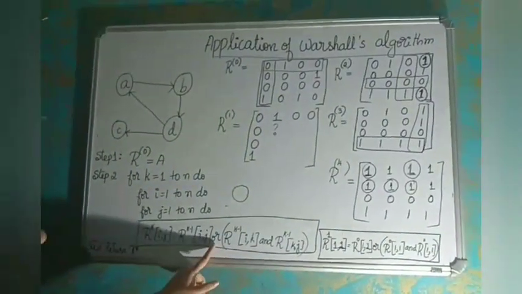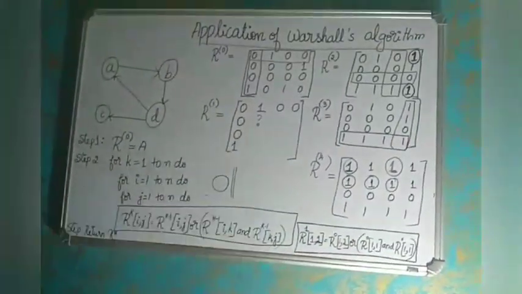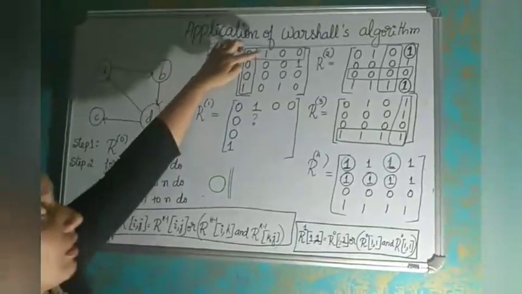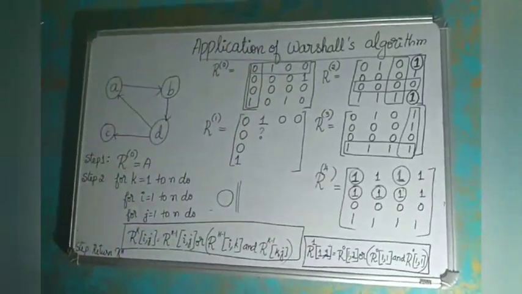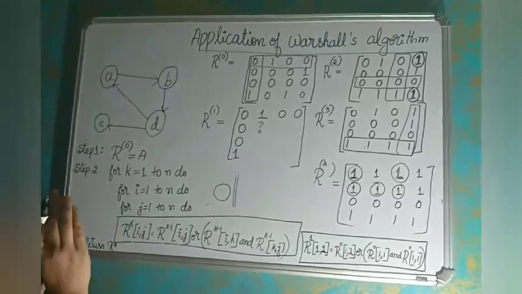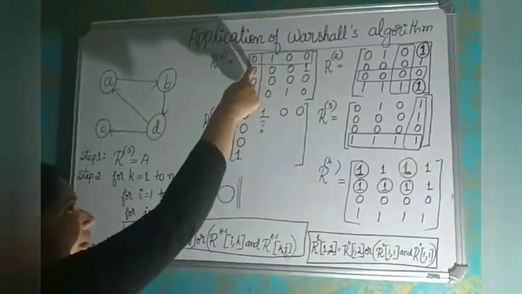And then the operation is OR. Next, these two elements you will get from this box. Inside the box, the first column and the first row. Now just see inside the box, in the same row, which element is present.